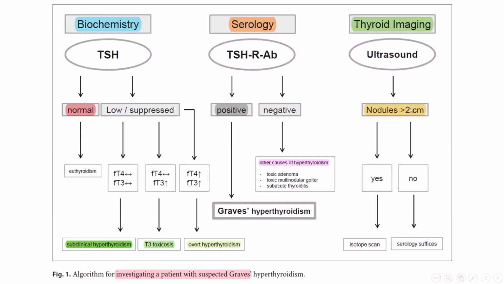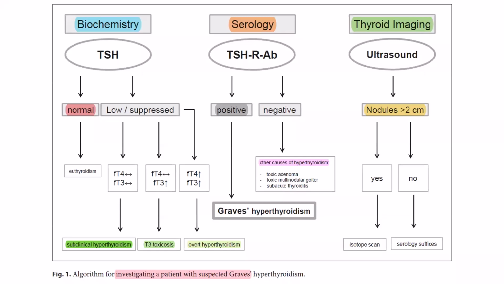If a nodule is less than 2 centimeters, an isotope scan is not indicated, because this is mostly not a toxic nodule. We should know that a toxic nodule is usually, and in some references almost always, more than 2, and in some references more than 3 centimeters.